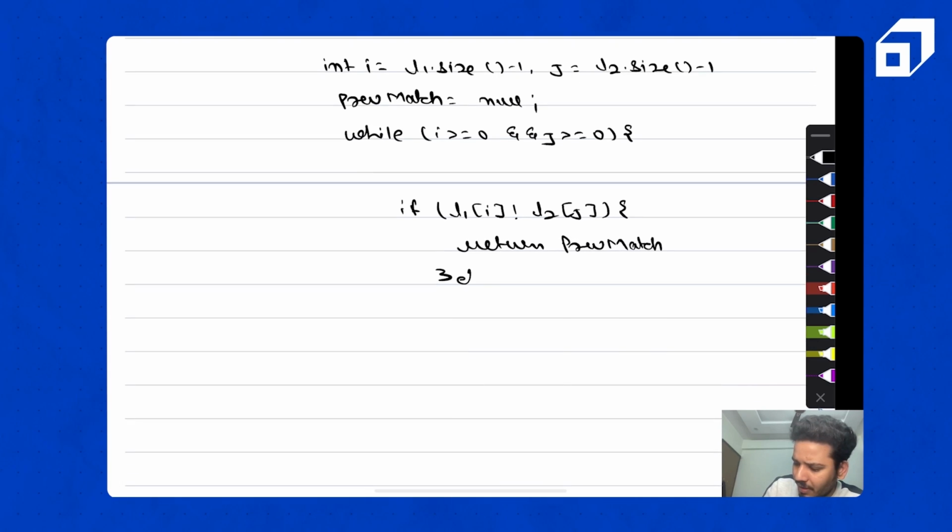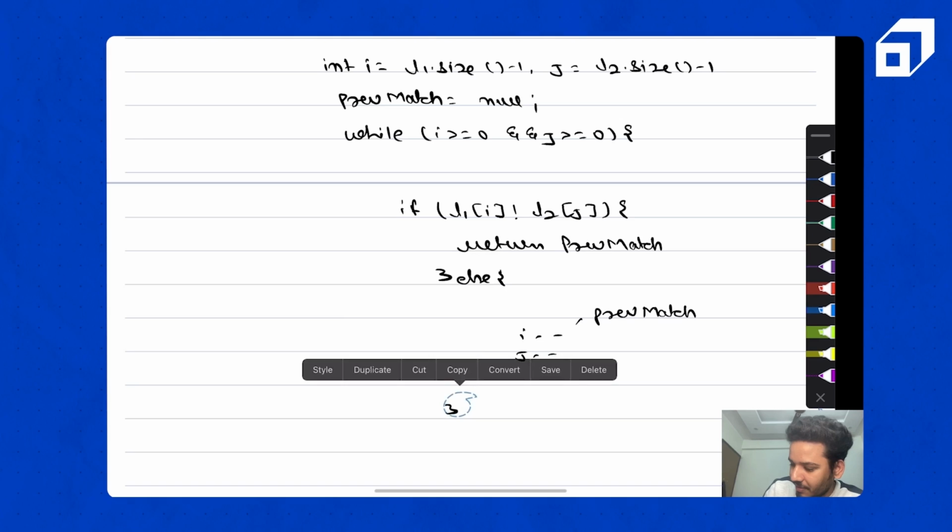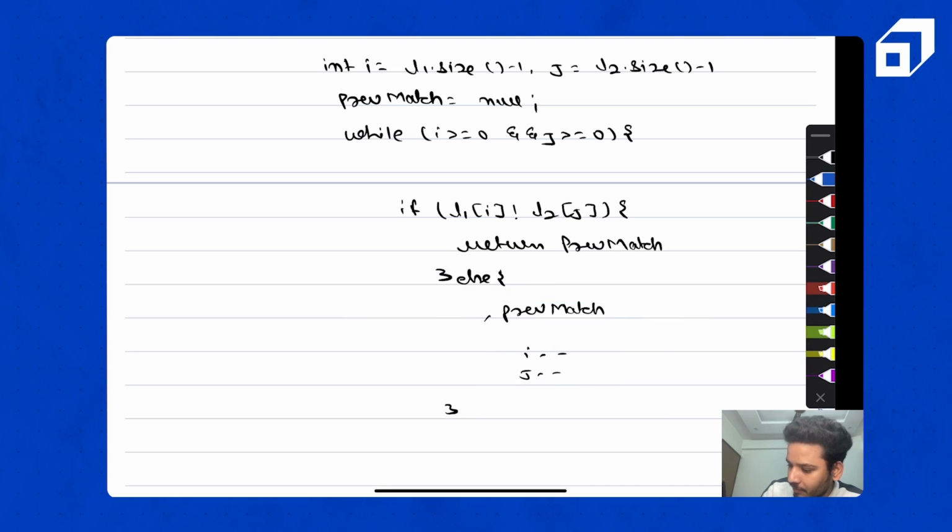Else it's pretty simple, they are matching, so update previous match first and then do I minus minus, J minus minus. Previous match is equal to nothing but L1 of I.